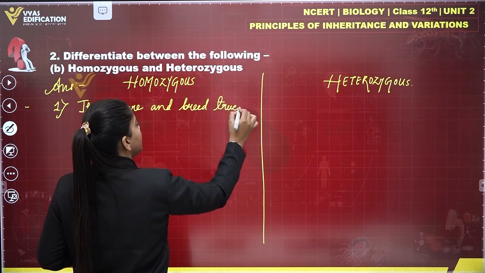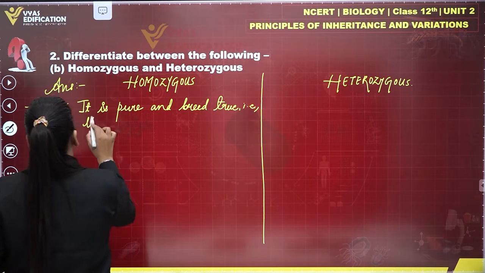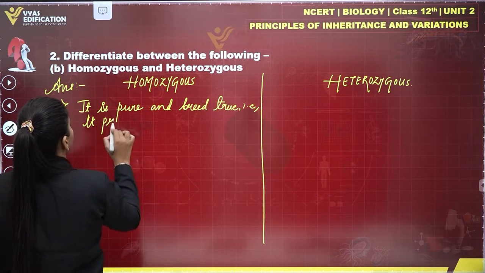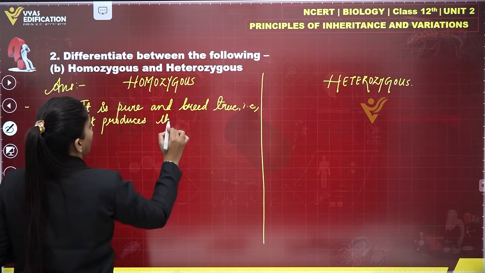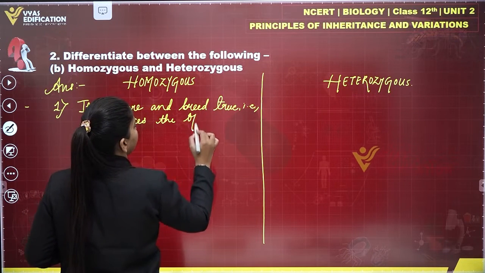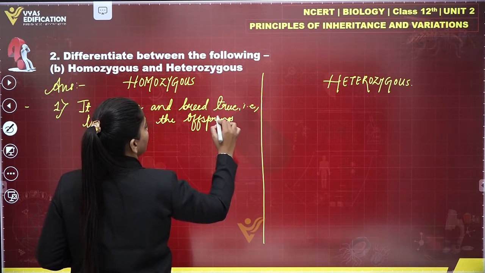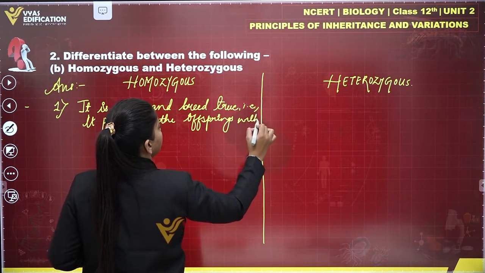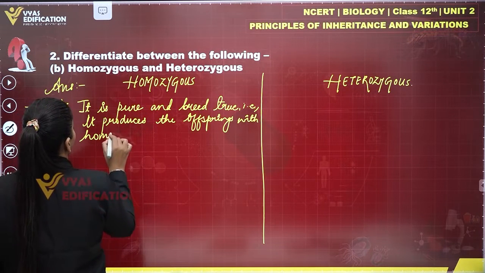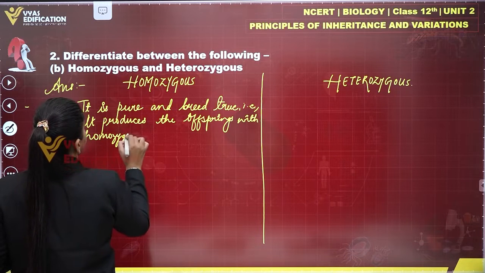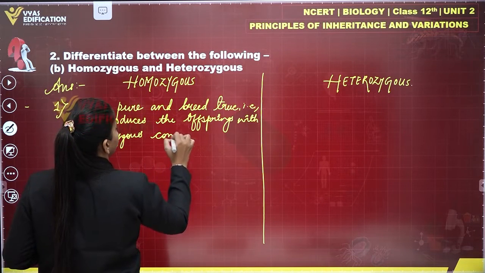What does that mean? That is, it produces the offsprings with homozygous condition, which are similar to it, homozygous condition.